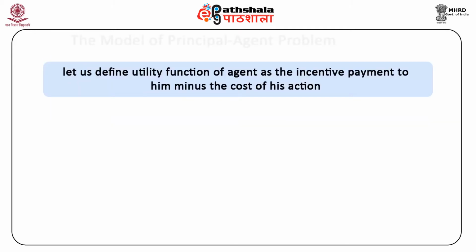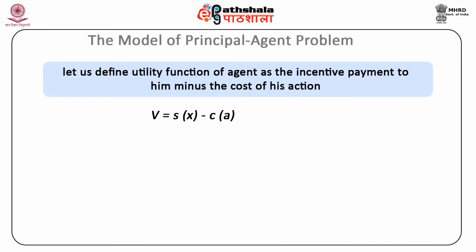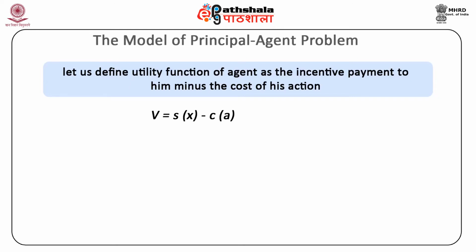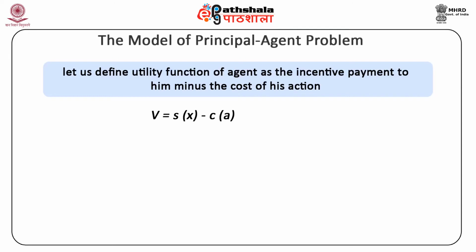Similarly, let us define the utility function of the agent as the incentive payment to him minus the cost of his action. Mathematically, we can write the agent's utility function as V = S(X) − c(A).